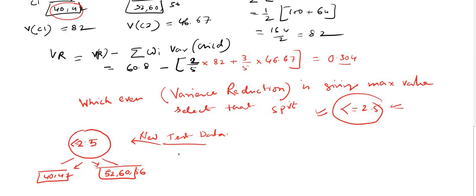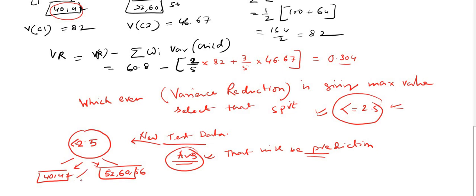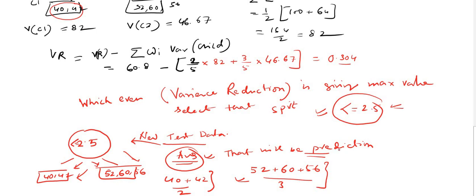Whatever path it follows, it will calculate the average, and that will be the prediction. So by chance, if the data is going into this path, our prediction will be 40 plus 42 divided by 2. If it is going into this path, then our prediction will be 52 plus 60 plus 56 divided by 3. That's the way the final regression value will get calculated.